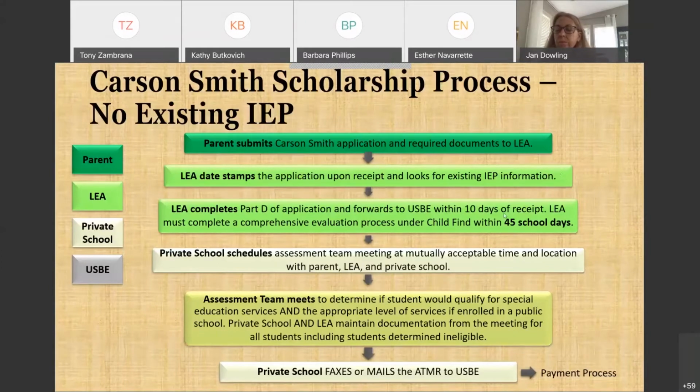Then Marianne is asking, is this a new change? Because before, with no IEP, the private school applies for assessment. If the student qualifies for service, then talk about the Carson Smith, but not before the services meeting. Did that make sense? So she's wanting to know if it's a change. Okay.